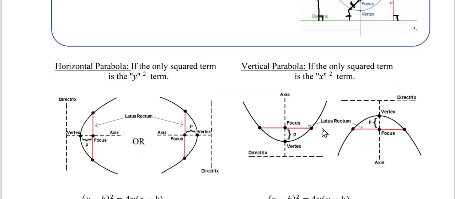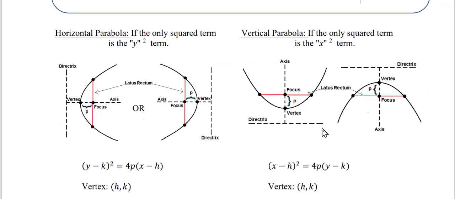Here is how we picture our parabolas. You could have a horizontal parabola or a vertical parabola. They're very similar, except that if your parabola is horizontal, this is not a function of y in terms of x. You are going to have a y squared term.